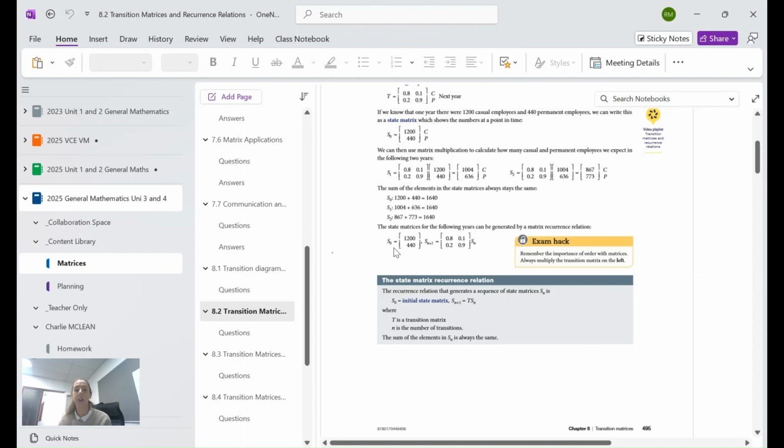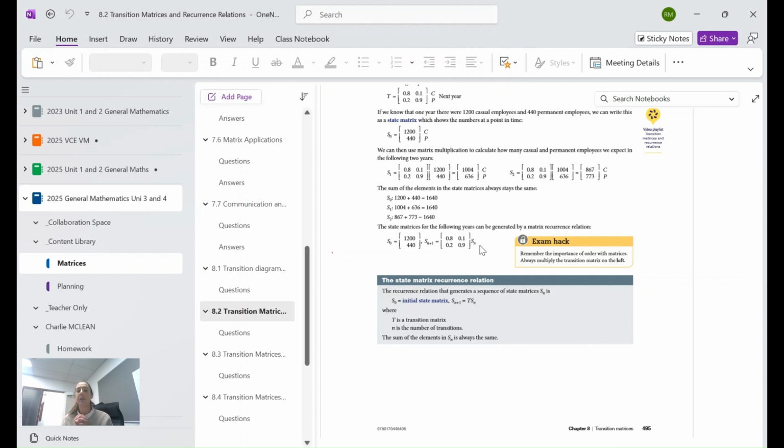Let me say that again. Our S0, our initial state matrix, our starting value, is this, comma, the next number in our sequence is equal to the transition matrix multiplied by the previous matrix.